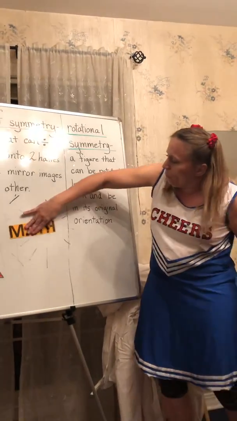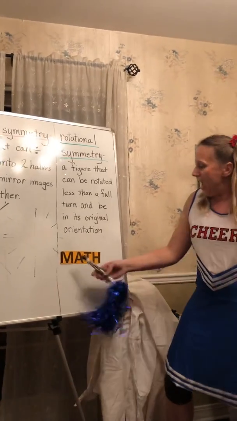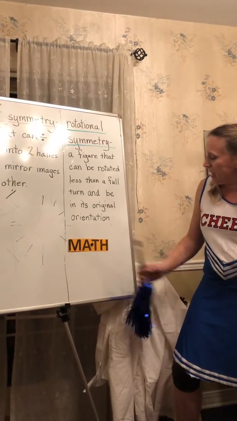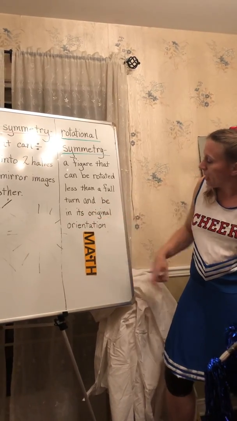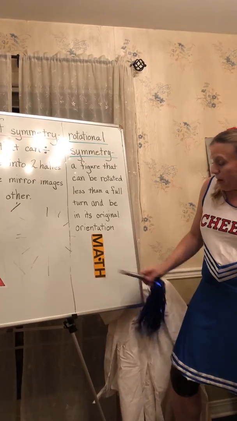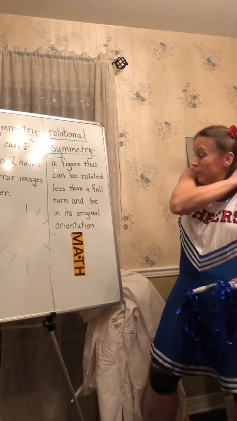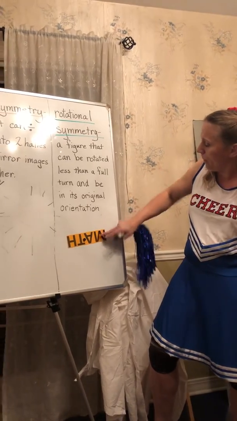But does it work with letters? We have an M, A, T, and H. If we spin it, do they look the same? Not an M, not an A, not a T, and not an H. Does not work when we spin it that way. Let's try again. Spin it once more.